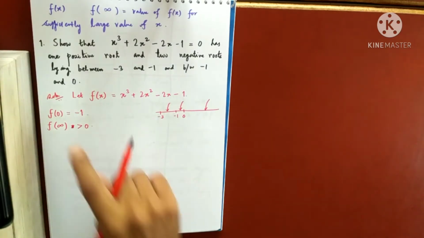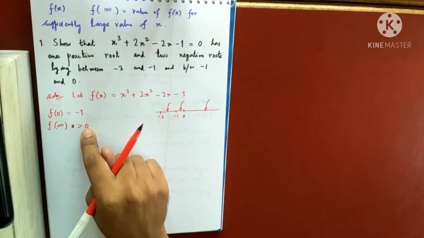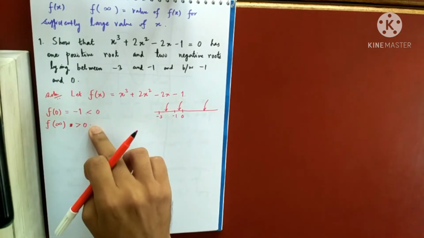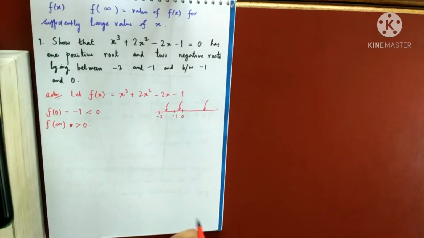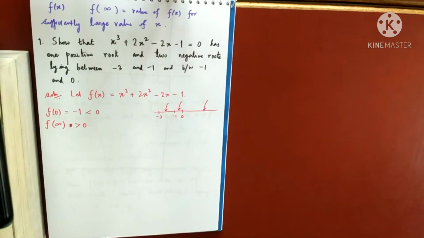Now you see, f of 0 is minus 1 and f of infinity is greater than 0, so this is less than 0 and this is greater than 0. If I apply the theorem, there lies a root between 0 and infinity, that means there lies a positive root.